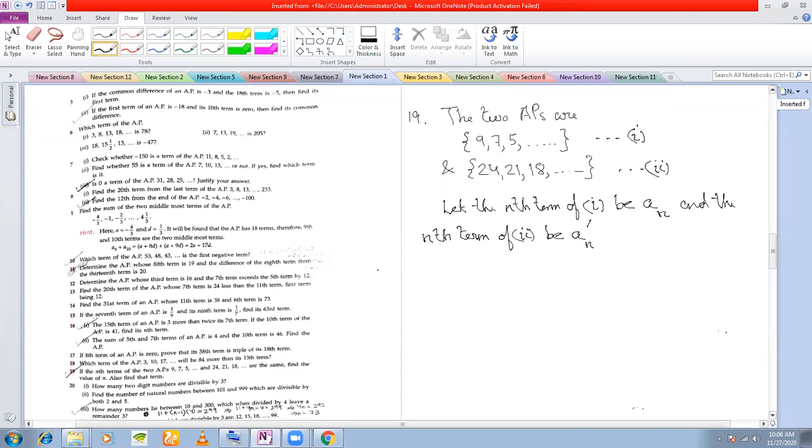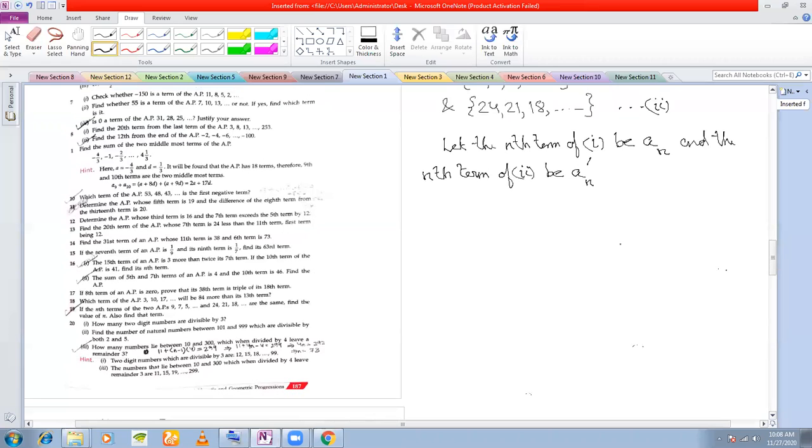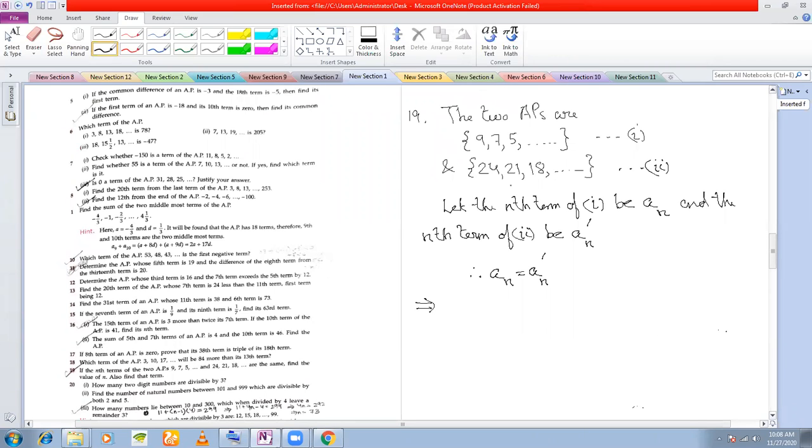Now these two must be equal. Therefore, an must be equal to an dashed. Now, see here, these two APs are different. You have to bear that in mind. Be very careful.